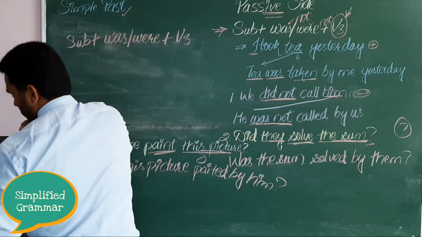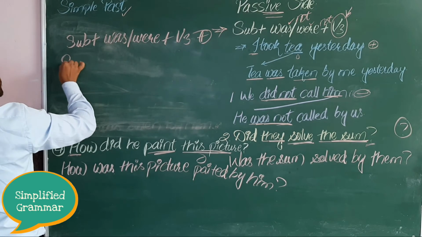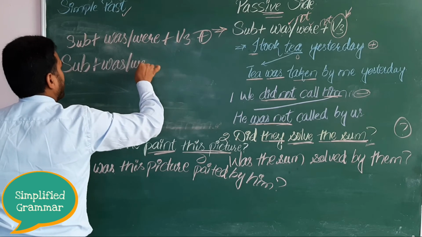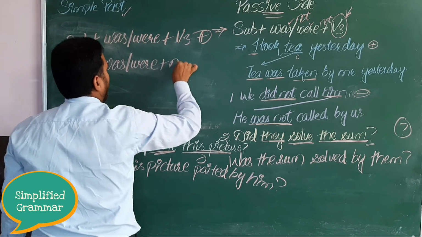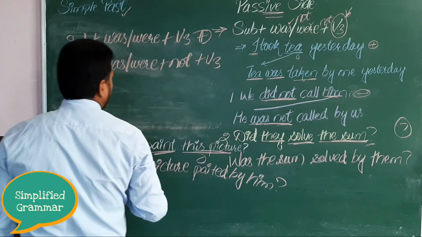This is the rule for positive sentence. While changing the negative sentence, subject plus was, were, plus not, then plus third form. This is the particular structure.